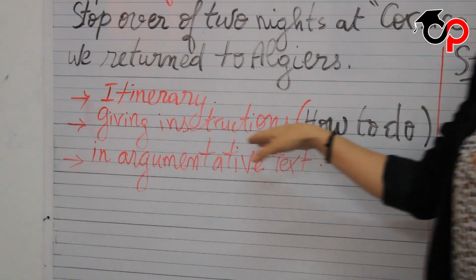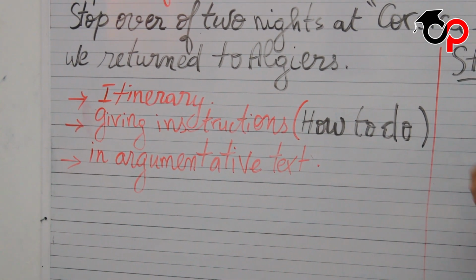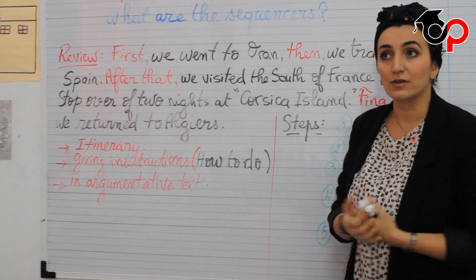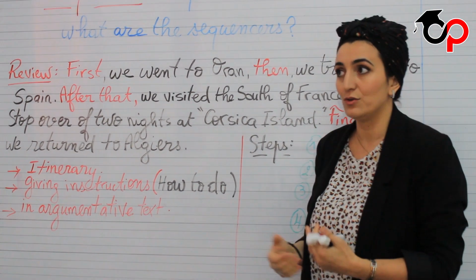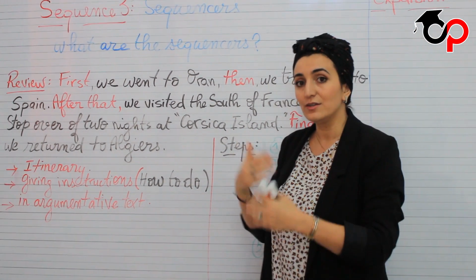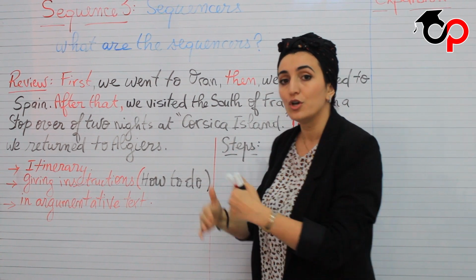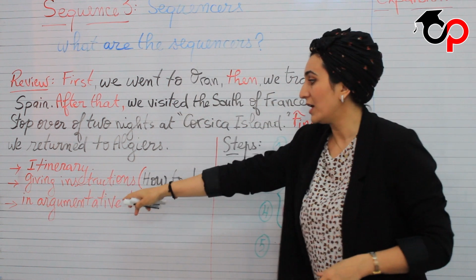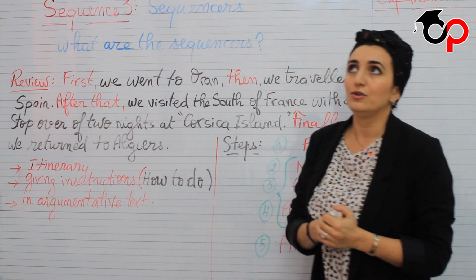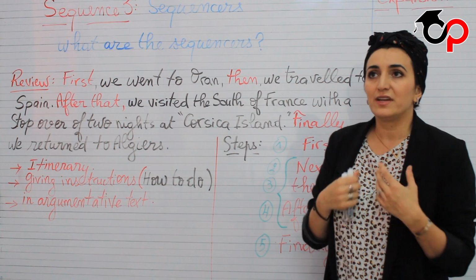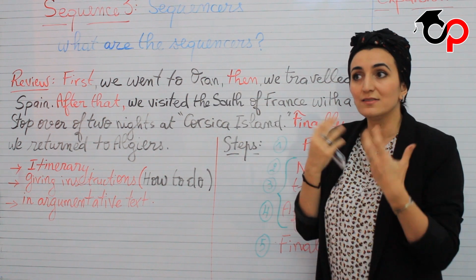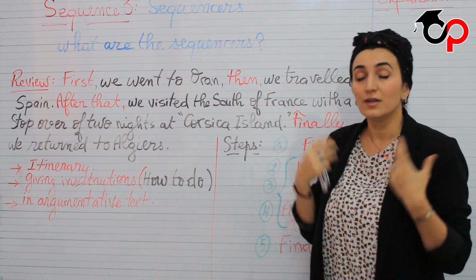Also, to give instructions, to talk about the process, how to do something. When you ask somebody how to do something, you give instructions and use the sequencers to order your steps, okay? And also in argumentative text, when you want to defend an opinion, you have to use these words to organize your arguments and your thoughts.